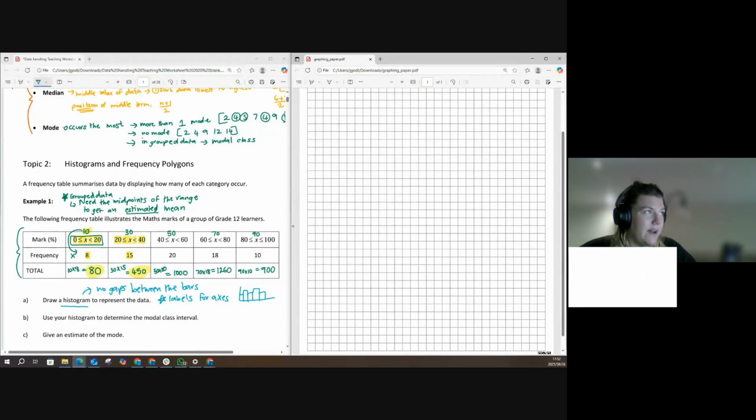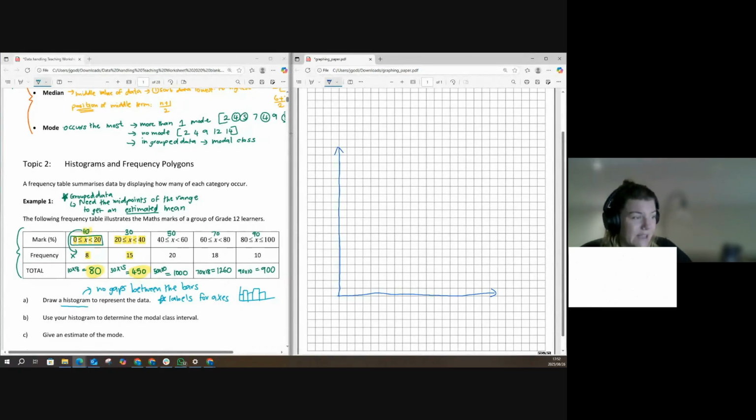You're just going to have to be kind with me, guys. My lines are not super straight. So I would start by saying this group here is when I have from 0 to 20. And then I'm going to have markings up here.